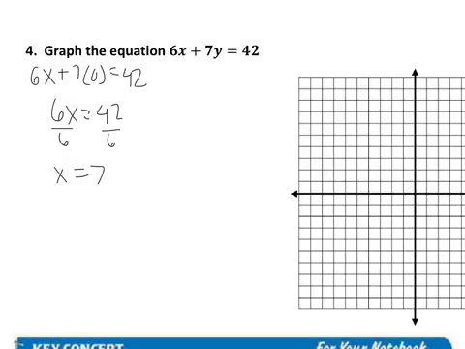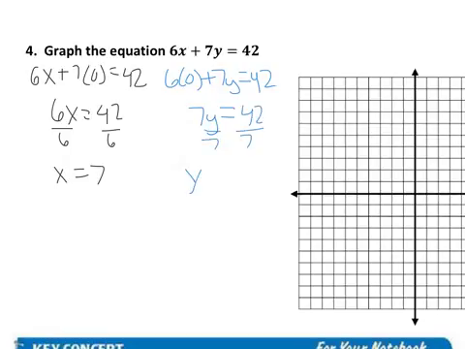Second step, plug 0 in for x, solve for y, so you get y equals 6. So the x-intercept, 7, 0, the y-intercept, 0, 6. So let's graph these.